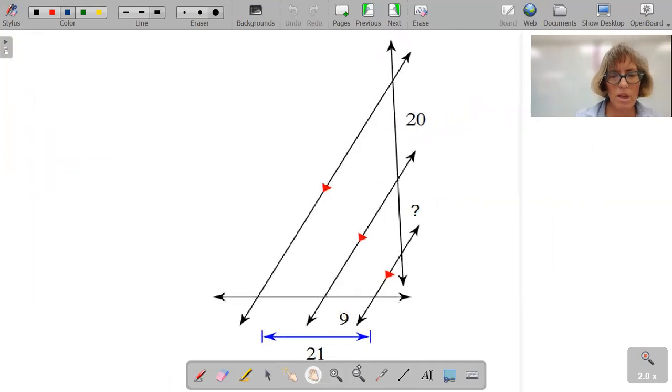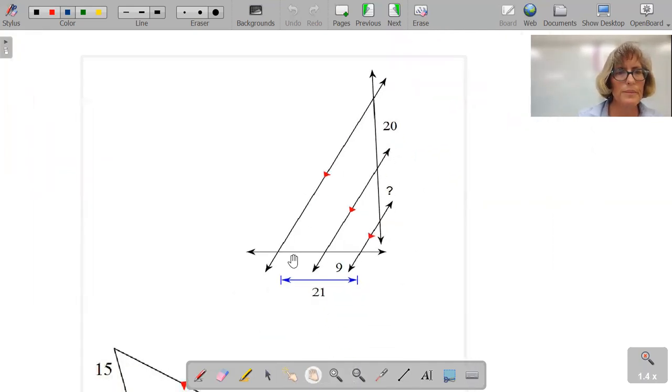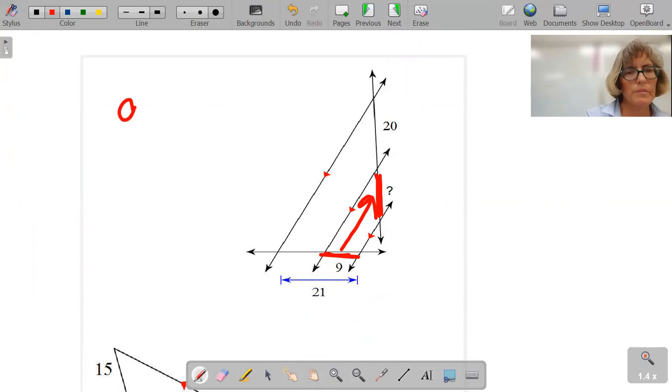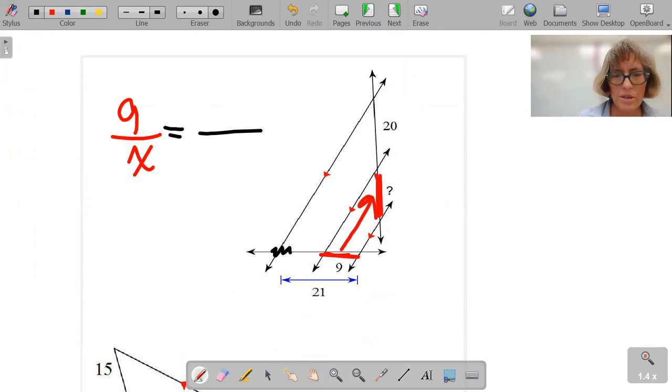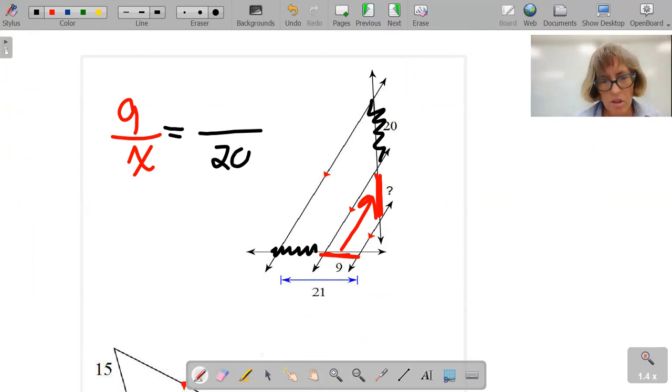Match and mirror. I'll do these two with you. So we know the 9 matches with this unknown. And then this squiggle matches with the 20. So we have to find the squiggle. The whole thing's 21. That's 9. 9 from 21 is 12.